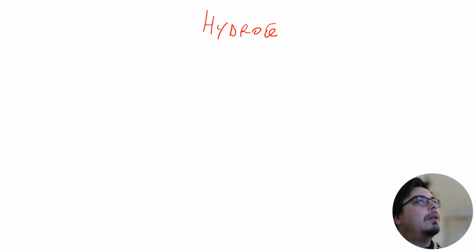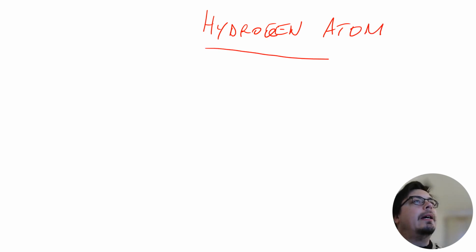I want to talk about at some point the hydrogen atom. So I will briefly introduce what it is, and some peculiarities. Very easy. I will touch upon a couple of things and then I will give you an idea what it is.